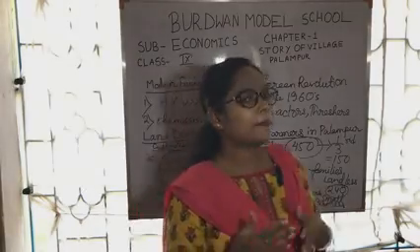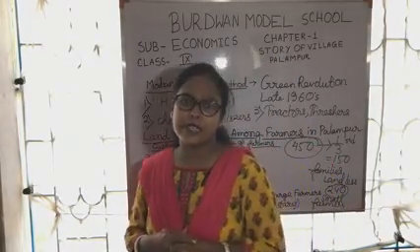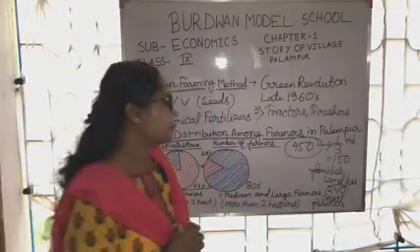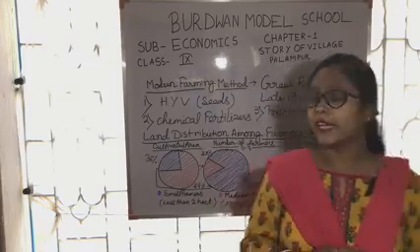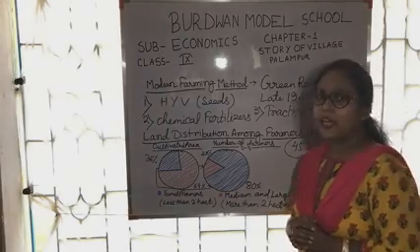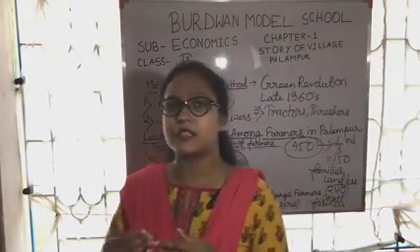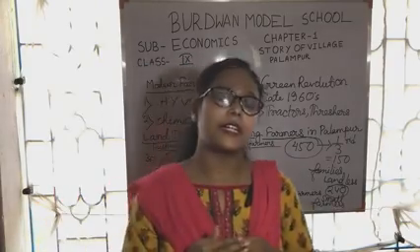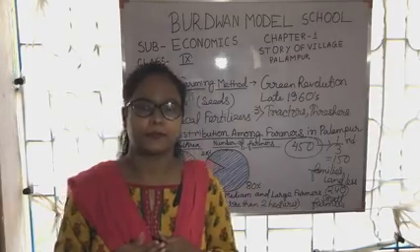For example, in your book there is this example. There is a farmer, Govind. He has 2.25 hectares of land, and he has 3 sons. With the help of his 3 sons, he cultivates his land.